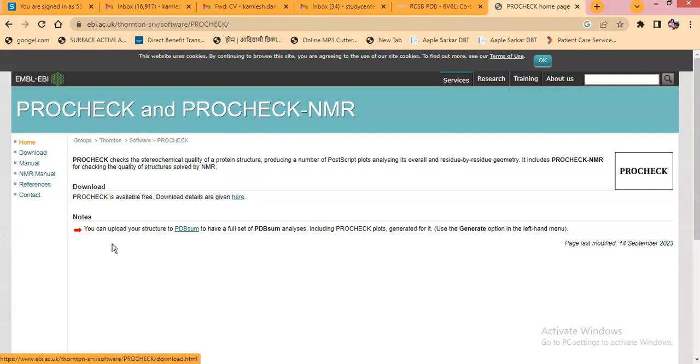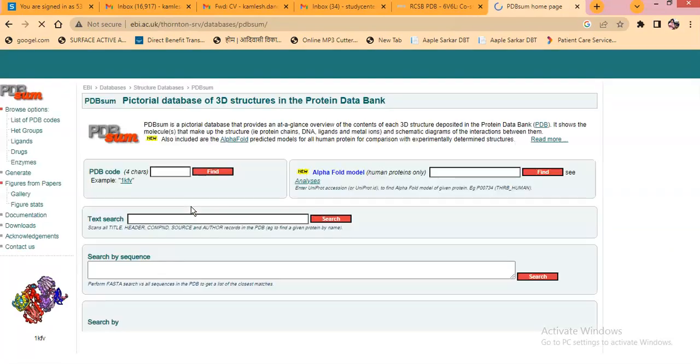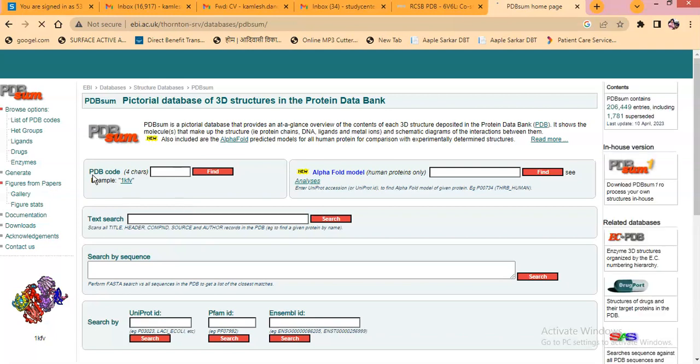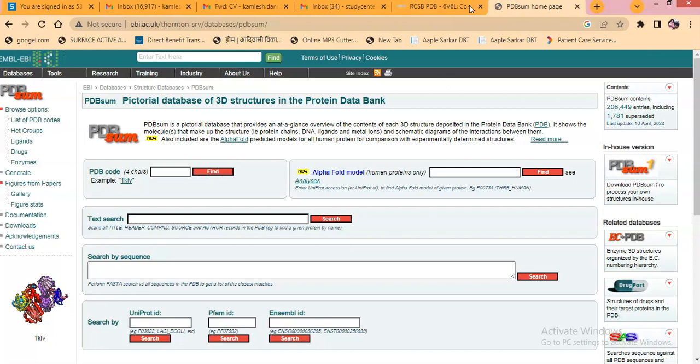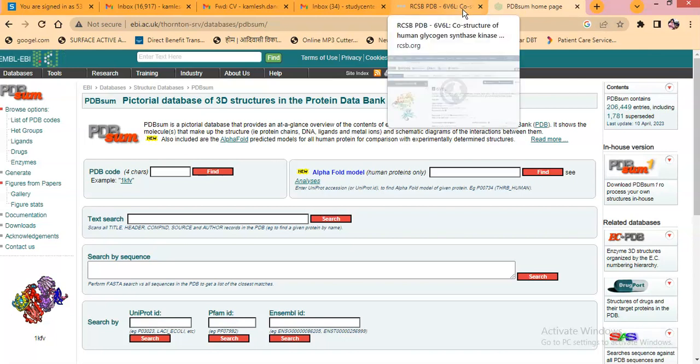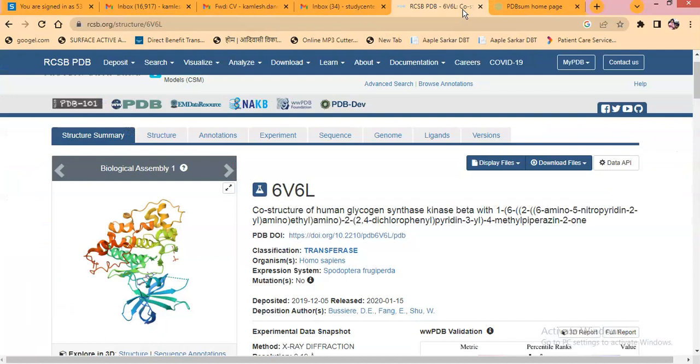So you have to click on PDBsum. Click on PDBsum, and it will redirect to the PDBsum homepage. Here you have to enter the PDB code of the protein under your study.